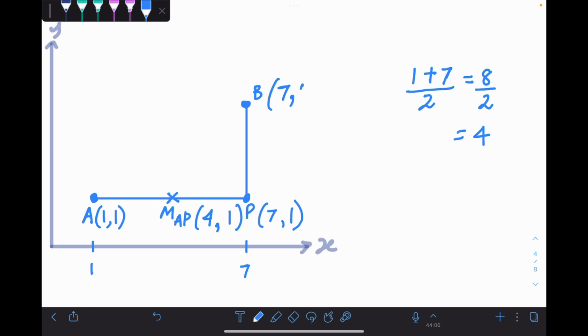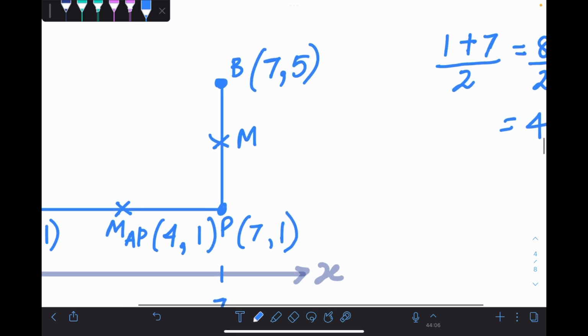Let's go 5. There we go. Cool. Now let's find the midpoint of this line as well. Let's go middle around here somewhere, and we'll call it M.